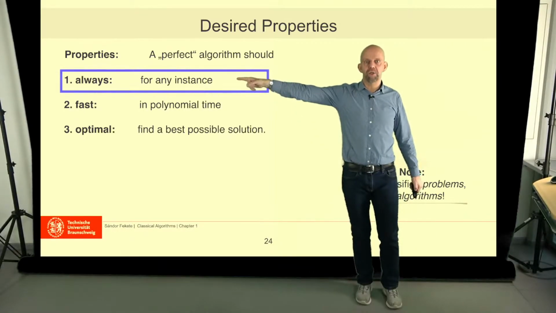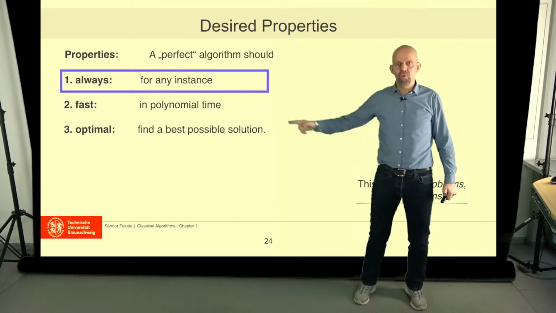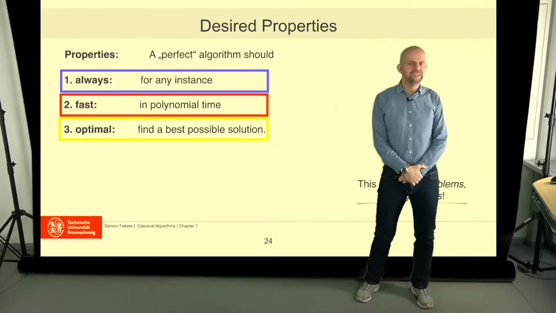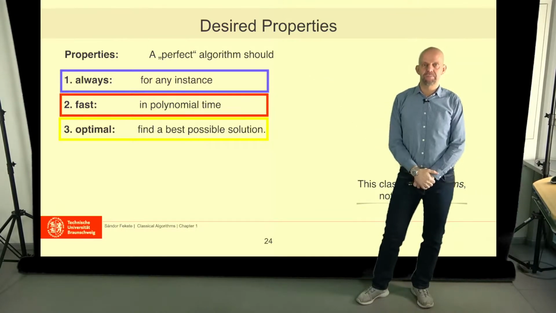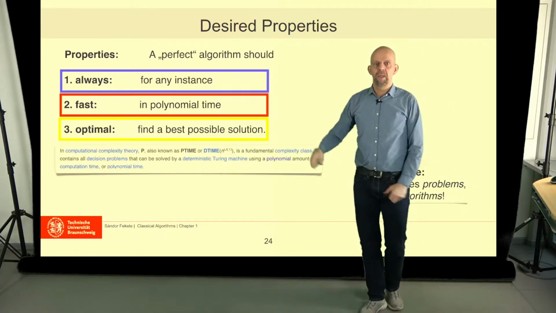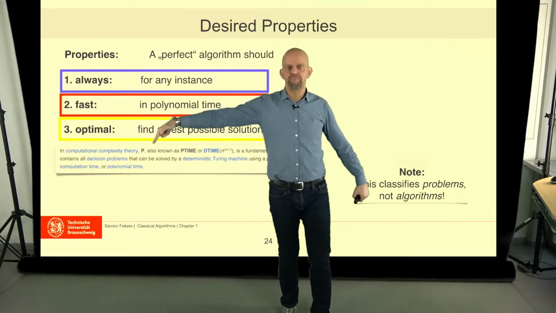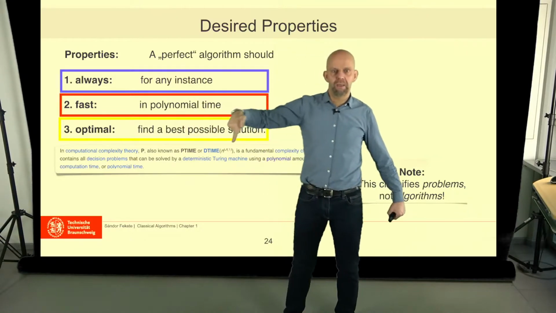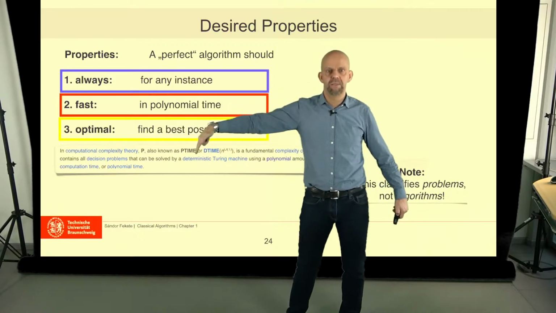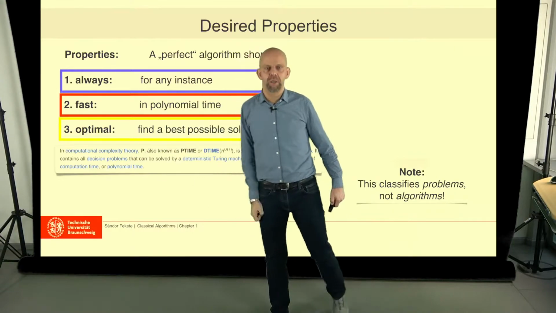These 3 properties are the ones we care about. And so let's color code this. This is the reliability color of blue, the speed color of red, and the quality color of yellow. Now, there's a formal definition, and when you look this up in Wikipedia or elsewhere, P, polynomial time, is a fundamental complexity class that contains decision problems that can be solved by a deterministic Turing machine using a polynomial amount of computation time.